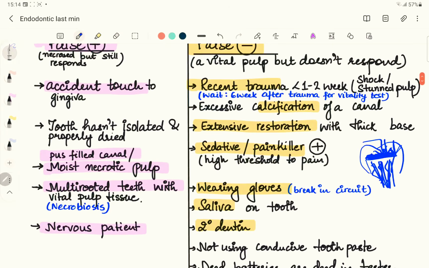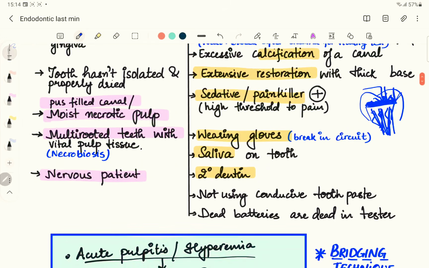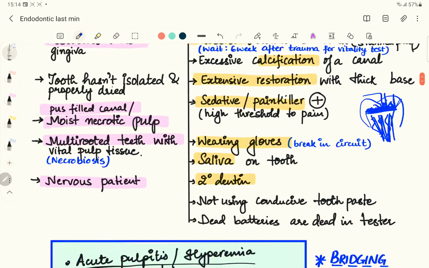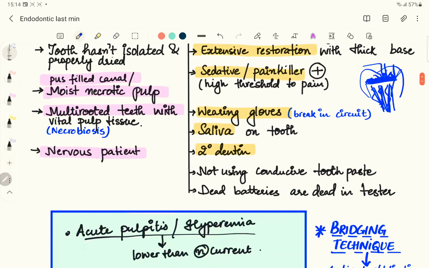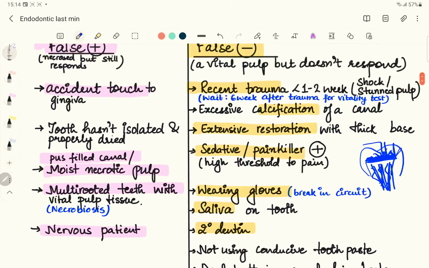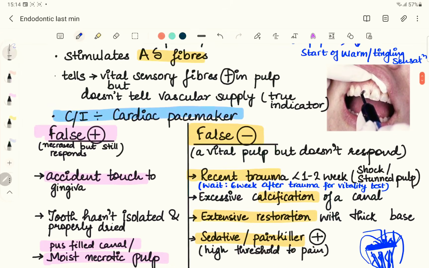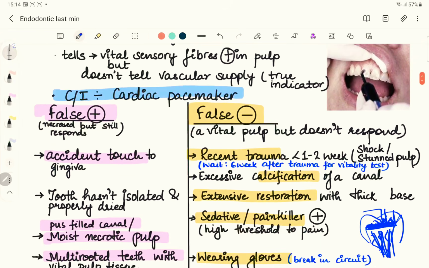Also, if the patient had any sedative or painkiller before the EPT test, or if you are doing the EPT test wearing gloves, there is a break in the circuit, saliva on the tooth, secondary dentine, or if the toothpaste you are using is non-conducive, or if there are dead batteries, that can also fail to produce the electric current. So these are a few false negatives.